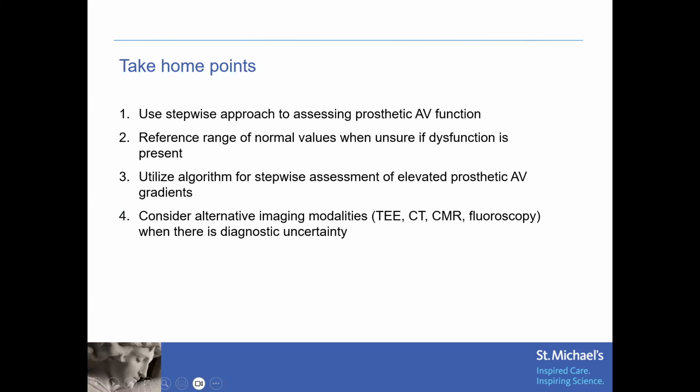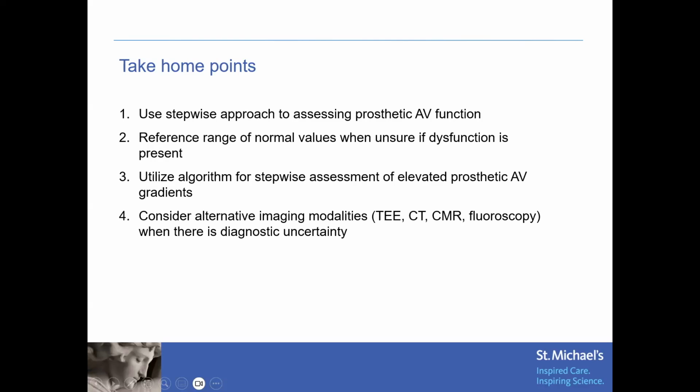Some take-home points: use a stepwise approach to assess prosthetic aortic valves. There are well-documented reference ranges, so anytime you're unsure, reference those to see if the numbers are within normal. Utilize the comprehensive algorithm presented in the 2024 guideline for a stepwise approach.